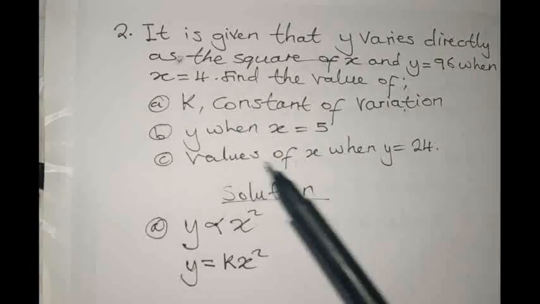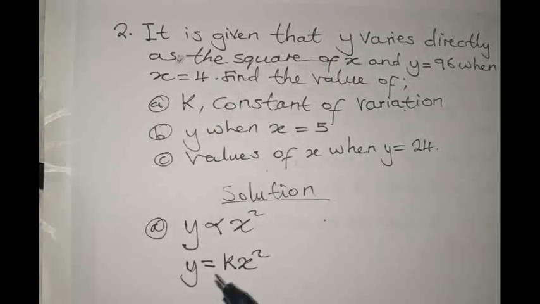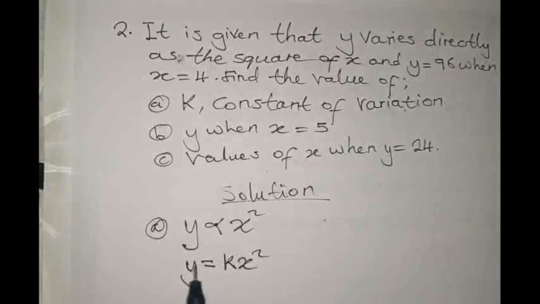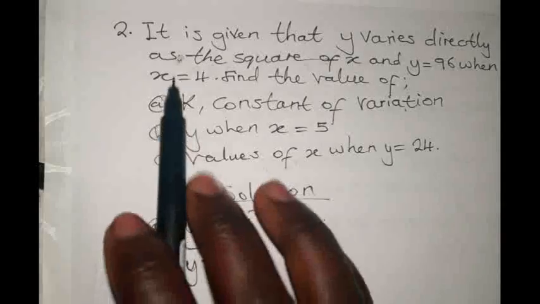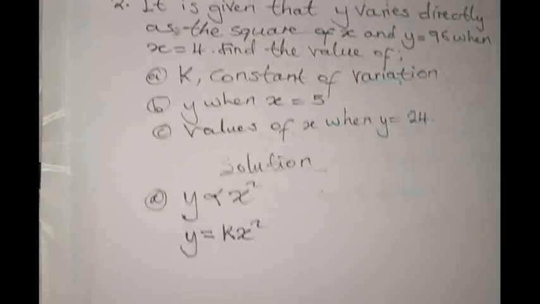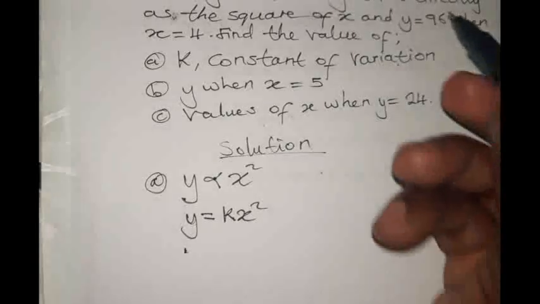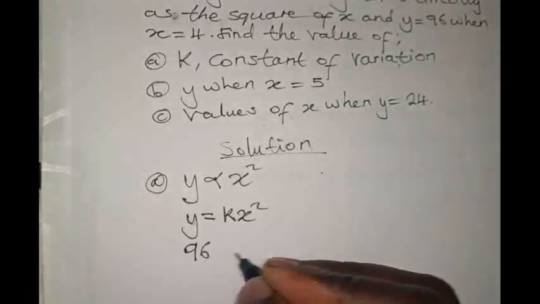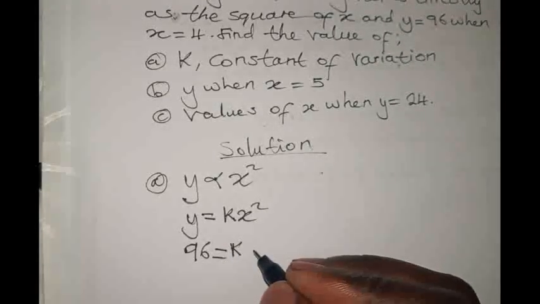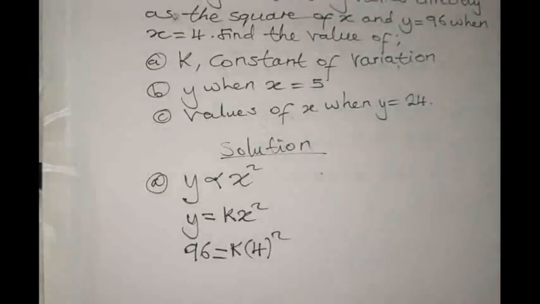Then the question is asking us to find the value of k. Like I explained earlier, we find the value of k by using the values of y and x that have been given in the statement. So our y is 96. So 96 is equal to k, and our x is 4 squared.